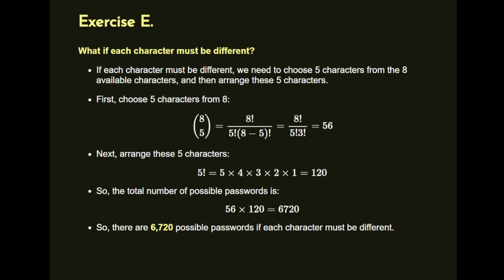Then 3 for the third one, since 2 have been used already. Then 2, then 1. So 5 times 4 times 3 times 2 times 1 gives us 120. Therefore, the total number of passwords is 56 times 120, which is 6,720. So there are 6,720 possible passwords where each character must be different.